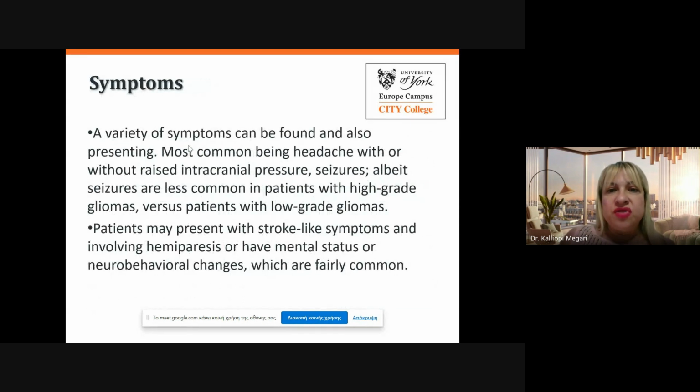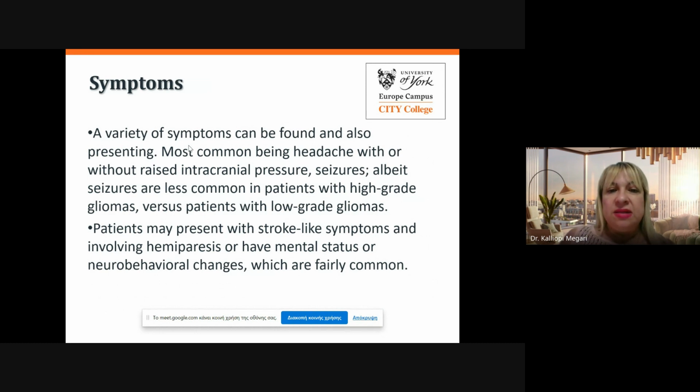A variety of symptoms can be found, the most common being headache with or without raised intracranial pressure and seizures. Albeit seizures are less common in patients with high-grade gliomas versus patients with low-grade gliomas.